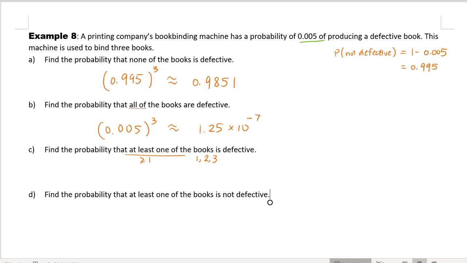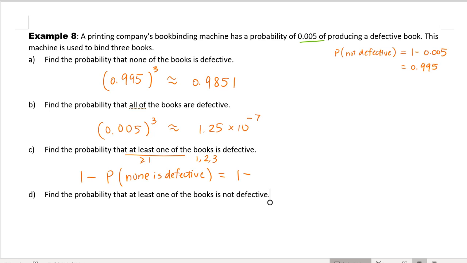So it's better to consider its complement. The complement is 0 of the books is defective. Right? So that's why we can use 1 minus the complement. The complement is none of them is defective.